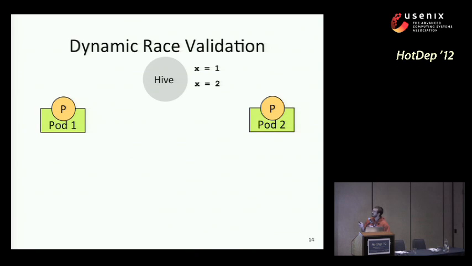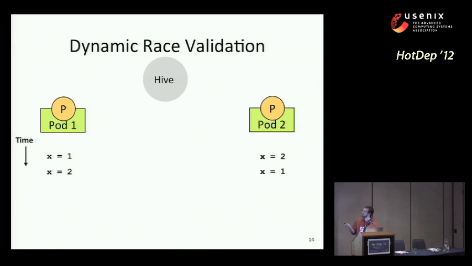So previously, the Hive detected a potential race between the two writes to the variable x. And now, if these accesses are actually indeed racing, they can be executed in any of the two possible orders. And to see whether this is the case, the Hive instructs the pods to enforce each one of these orders during program execution.